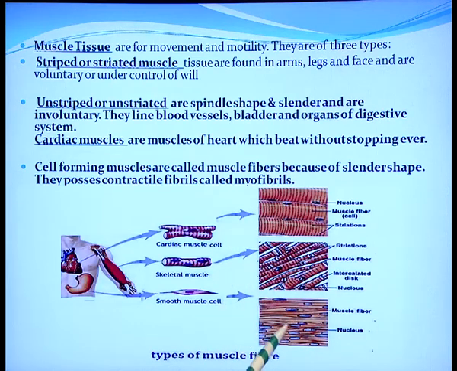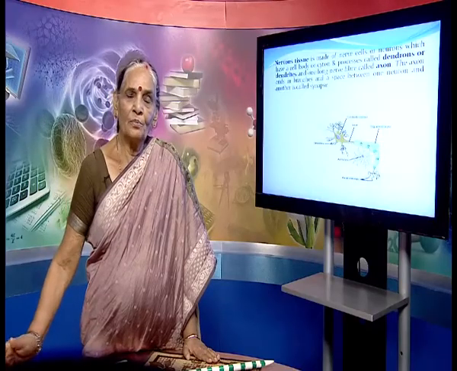I am talking about this one now, which are spindle shaped, have a single nucleus, and they are involuntary. Involuntary simply means that the alimentary canal undergoes peristalsis without your brain taking part in asking it to move. Food moves by itself because of the involuntary muscle fibers in the walls of the alimentary canal.